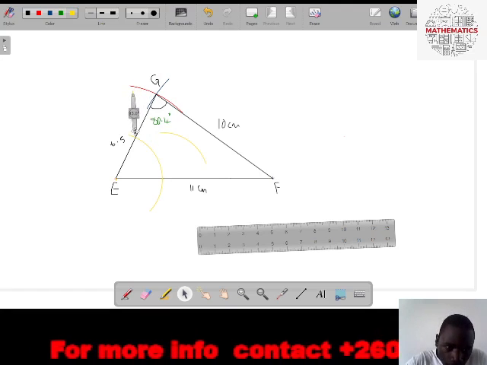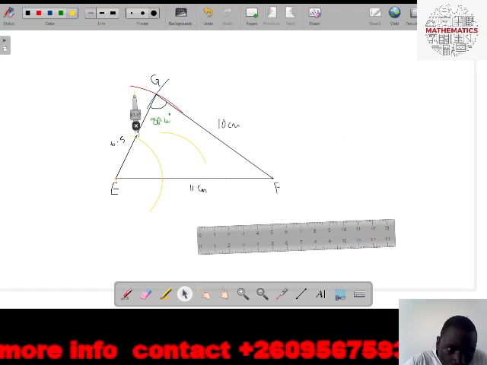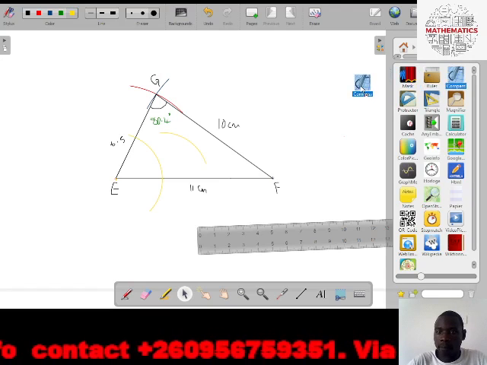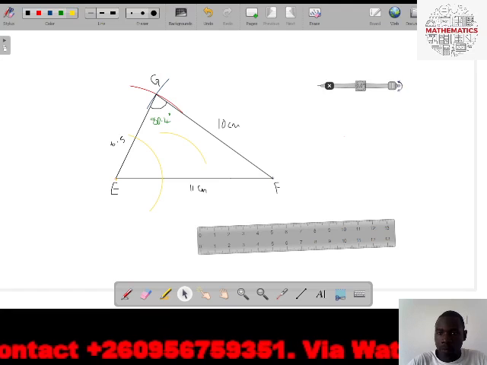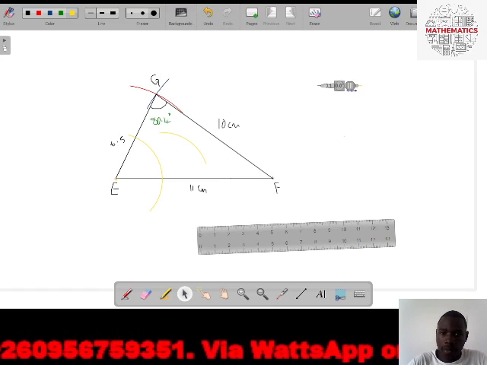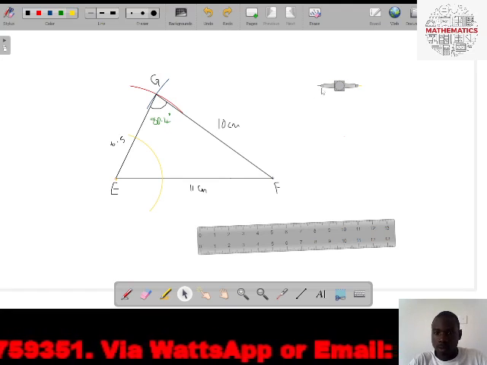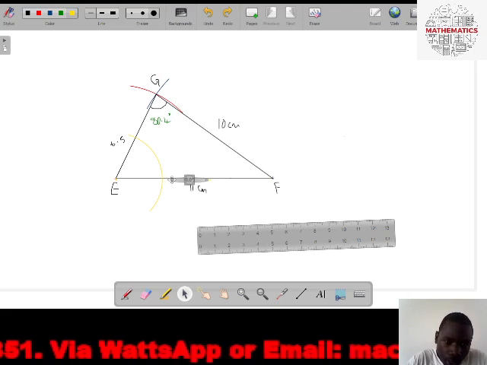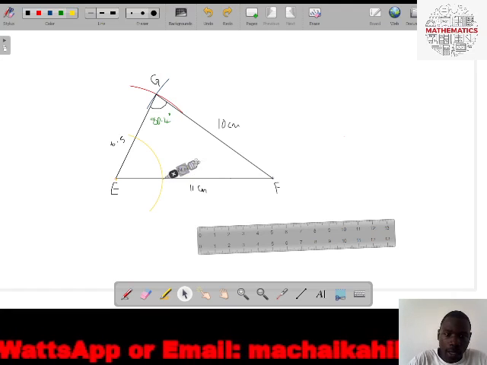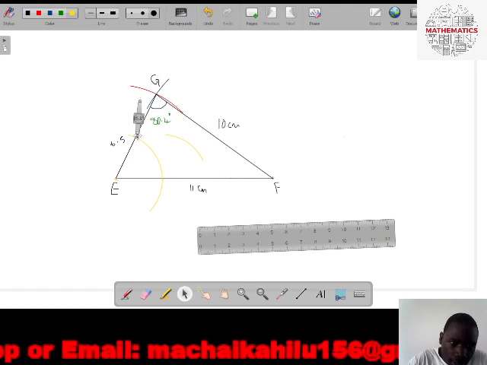You stand on the other side there, using the same radius, and make an arc within the triangle.